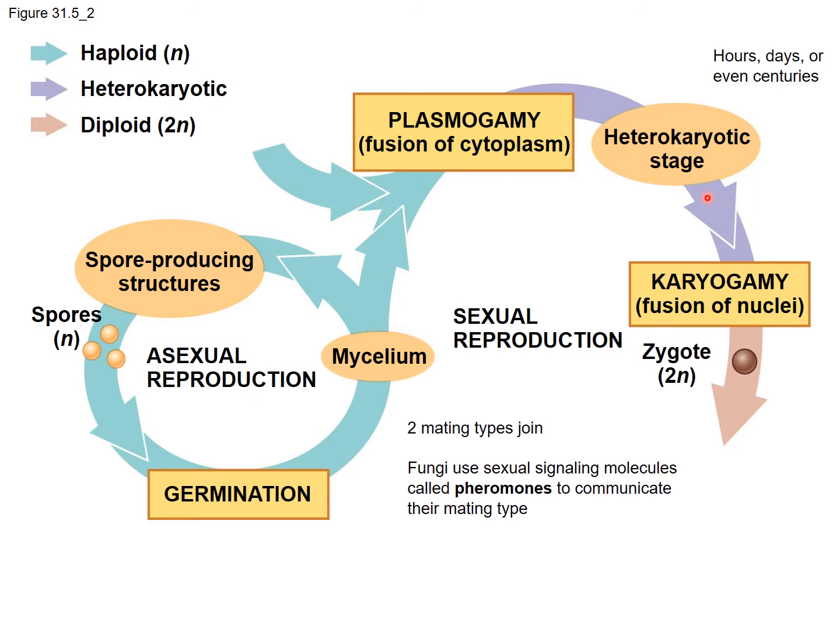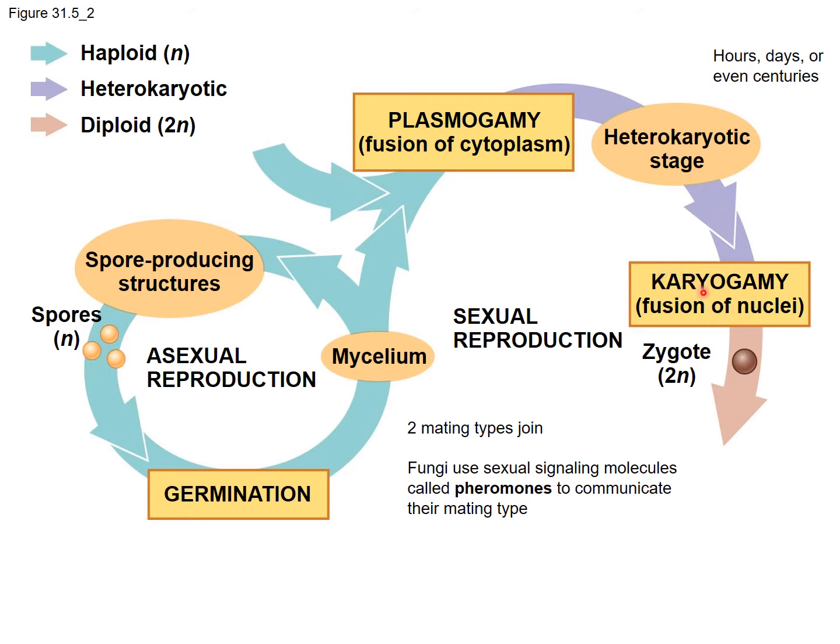Each of these nuclei are going to be haploid, and they're going to stay haploid for an amount of time, right? So this could be hours, even centuries. So this stage can last a very long time. Now, the process of fusion of the nuclei is called karyogamy.